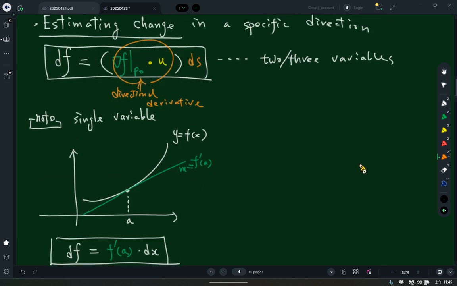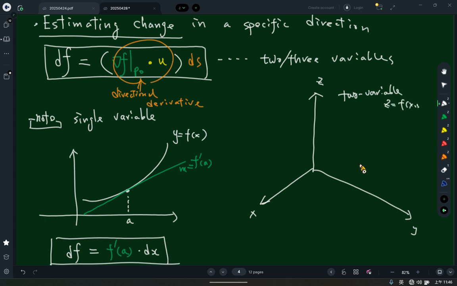So we can also make a figure for this case. Okay, this is a 2 variable case, x, y, and z. Z is equal to f of x, y.